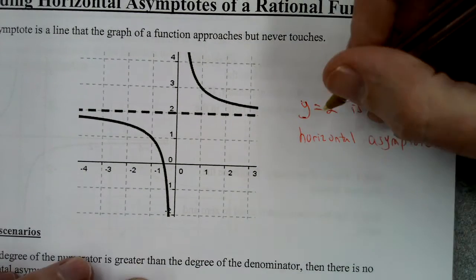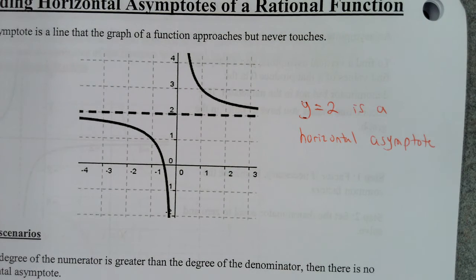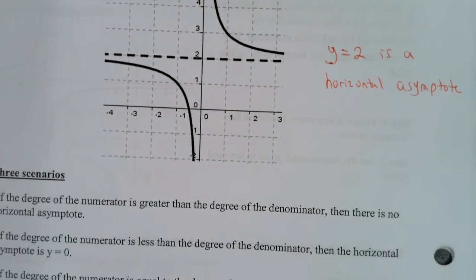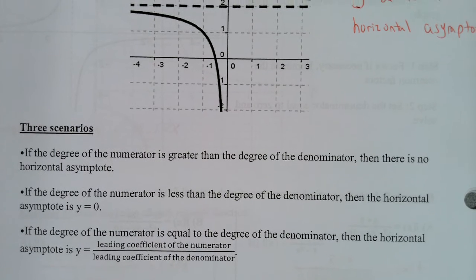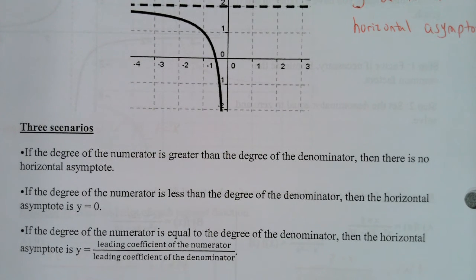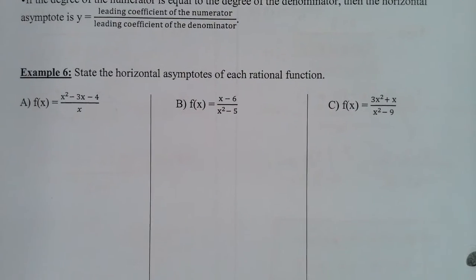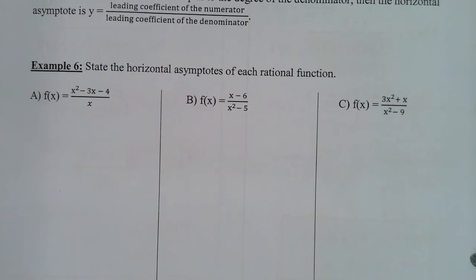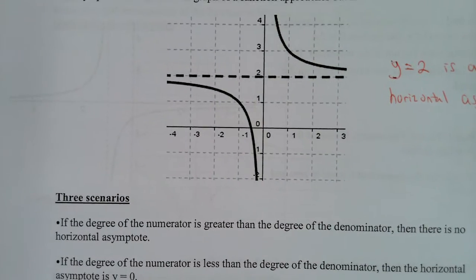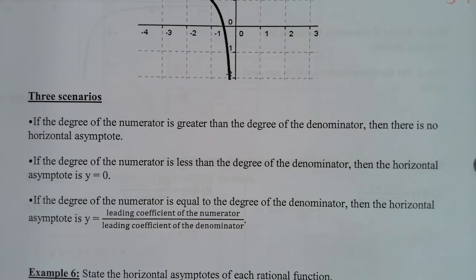There are 3 scenarios to find out what the horizontal asymptote is. Okay, and then I have one example with 3 parts, so it's going to be one of each.